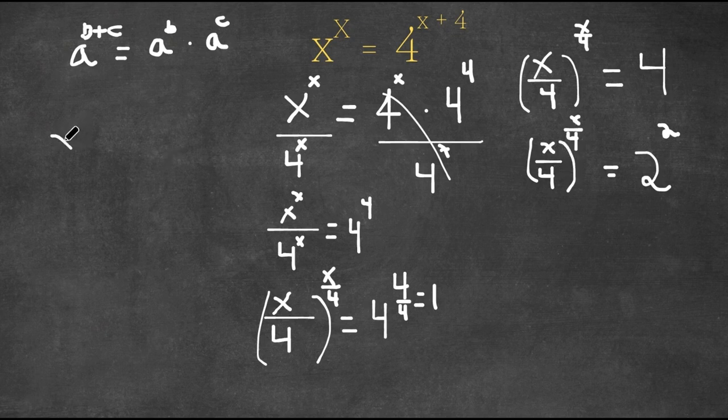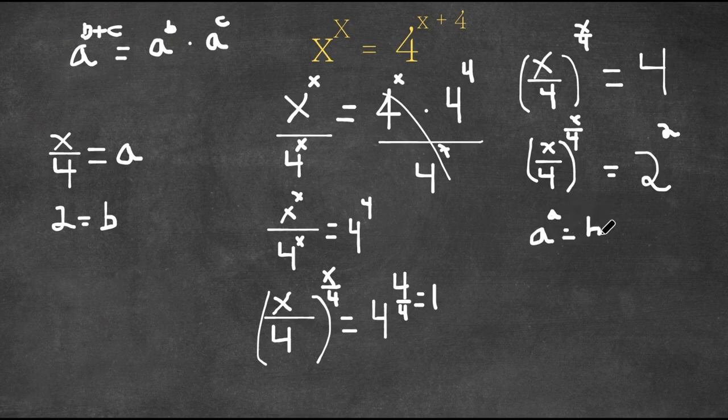So we're going to set x over 4 equal to the variable a, and we're going to set 2 equal to the variable b. Then this would be a to the power of a equals b to the power of b.